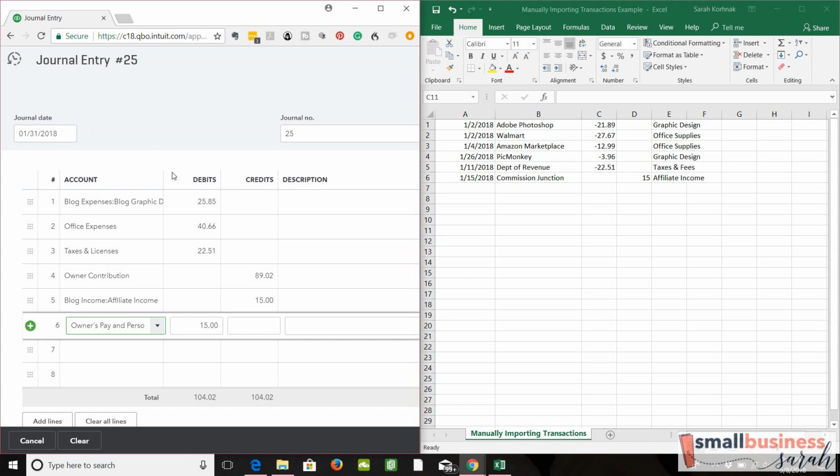So like I said, we could have separated out all these individually, but we're just trying to capture the data of what type of expenses they were, what type of revenue. So we summed appropriate things together. We combined it all into the entry. Expenses are debits and owner contributions.